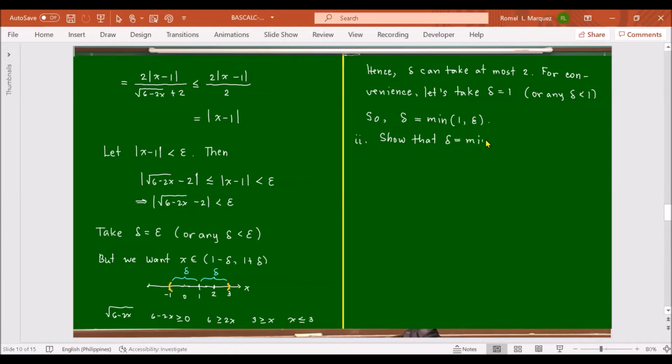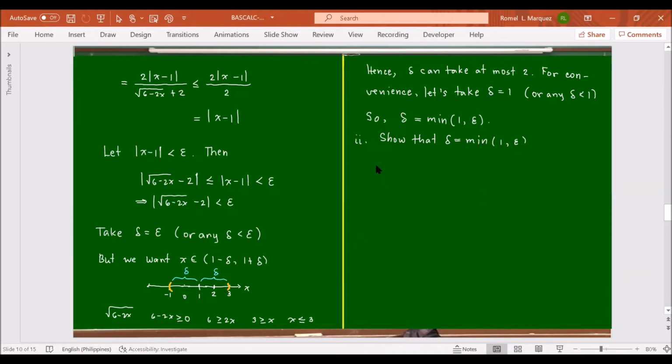If I choose epsilon to be 1/2, I choose delta to be 1/2. If epsilon is 2, I have to choose 1 because it's the smaller of the 2. If epsilon is 8, I have to take 1, so that I will always be within the chosen open interval. So I must choose the minimum of the 2.